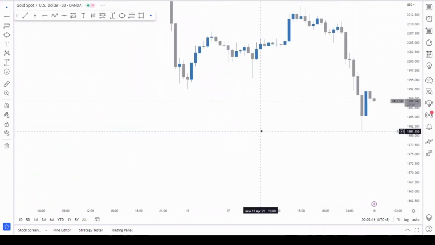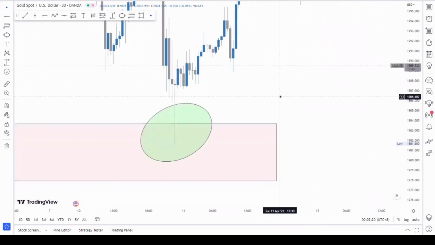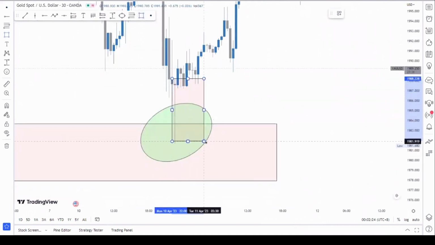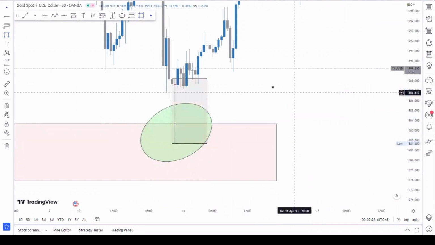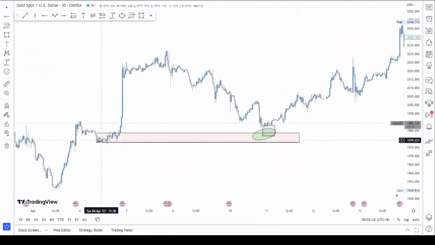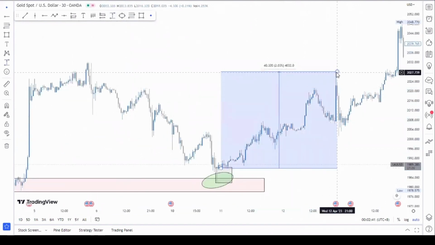Why did this zone get respected? Clearly because of this trade control. There is an engulfing buy, the same type of engulfing as right here on H4. It's going to go up.